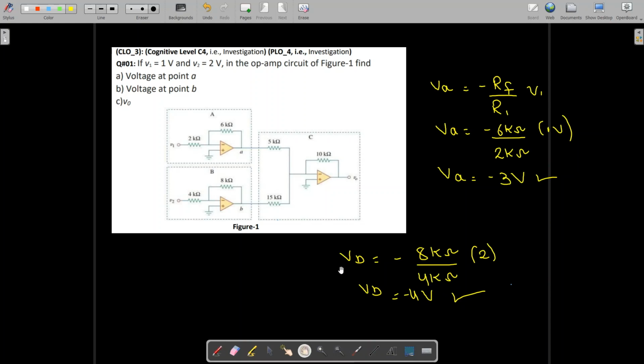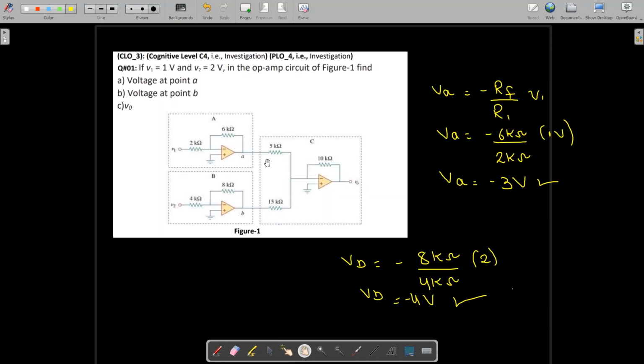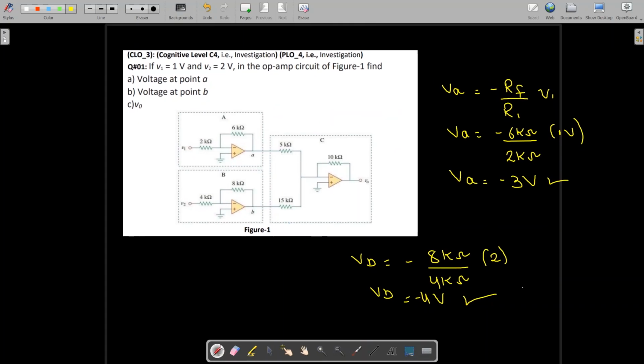Fine. Now to find the V naught. Now if you can see over here, this is your summer circuit. This circuit basically adds the two inputs. If you can see over here, we have a summer, which is an inverting summer. So 5 kilo ohm resistor and 15 kilo ohm resistors are your R1 and R2, and again we have a feedback resistor for this op-amp for the block C, which is 10 kilo ohm.